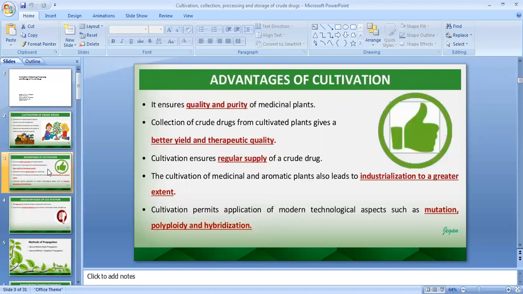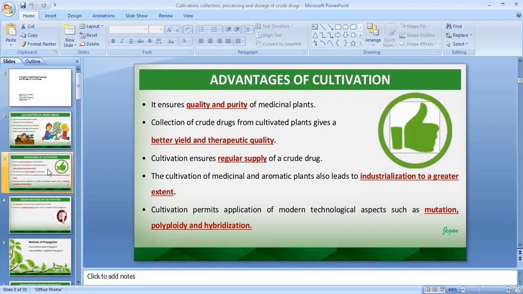Advantage of cultivation: it ensures quality and purity of medicinal plants. Collection of drugs from cultivated plants gives a uniform therapeutic quality. Cultivation ensures regular supply of the drug.